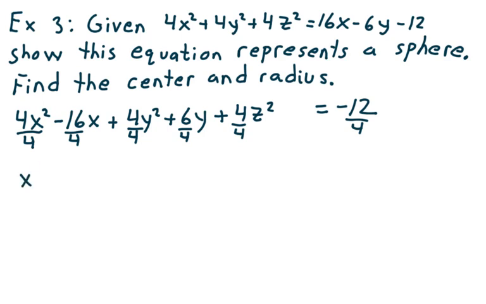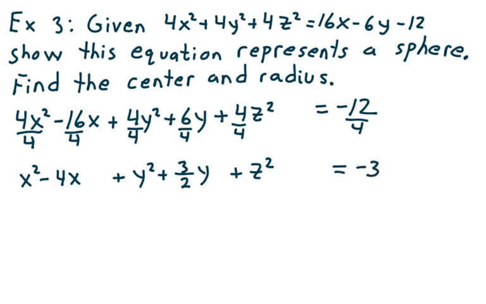And so we get x² − 4x + y² + 6/4 is 3/2, so we get 3/2 y, plus z² equals −3. Now, it's not perfect because we have 3/2 for the coefficient of y, but this is still a better position to be in.